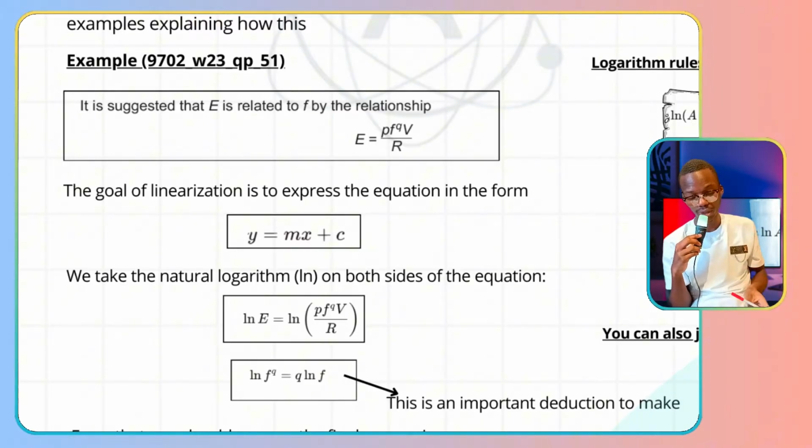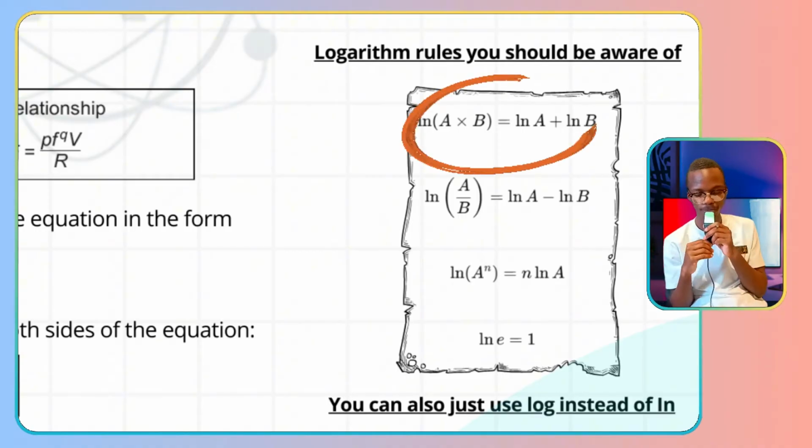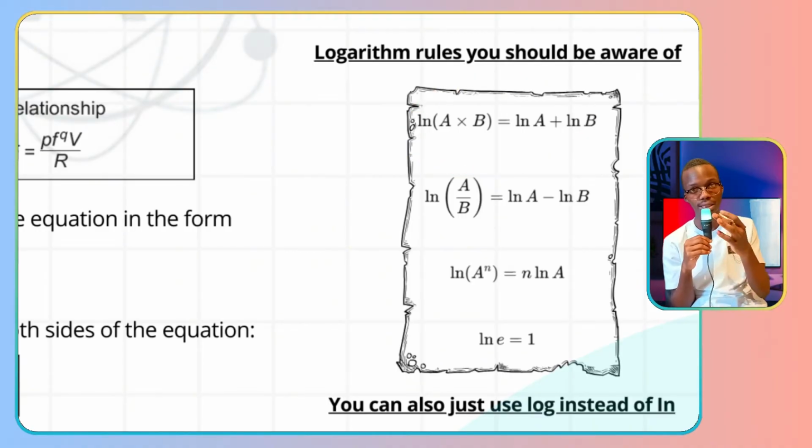So the first laws of logarithms that you must know is that if you have ln AB, that's equal to ln A plus ln B. If you have ln A over B, that's equal to ln A minus ln B. If you have ln A to the power of n, that's equal to n ln A. If you have ln e, that's just 1, right? Those are basic laws that you should be aware of.